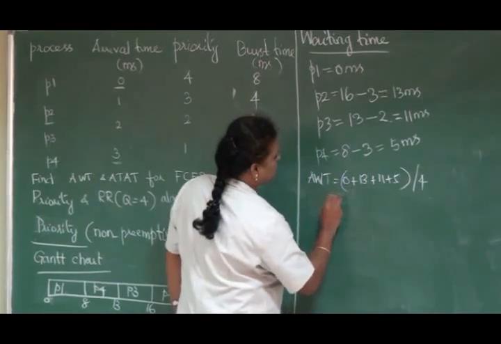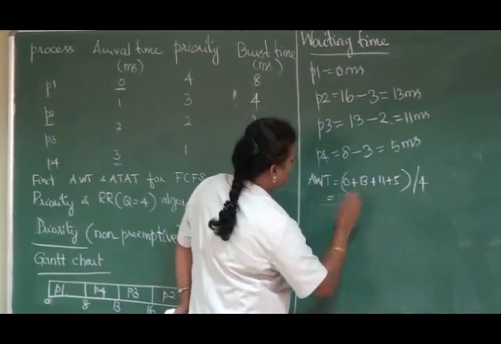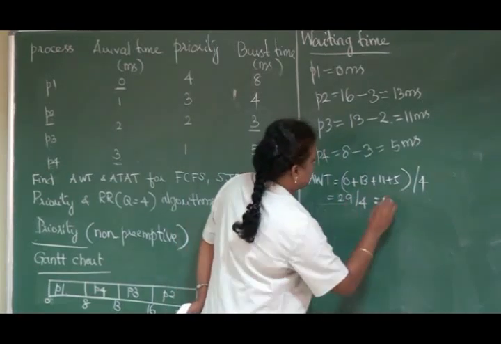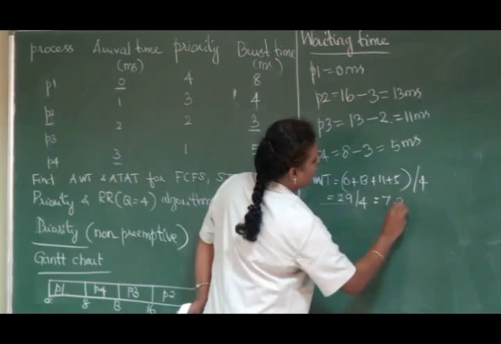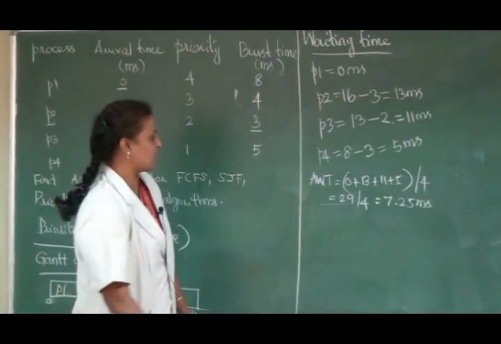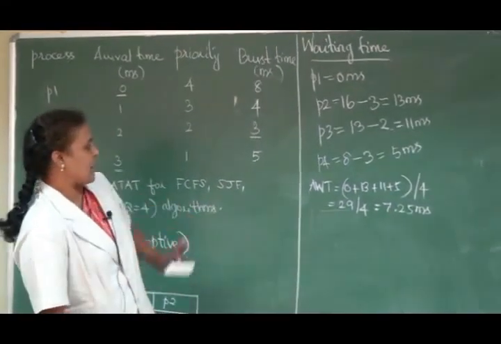So this is equal to 20, 24, 29 divided by 4. So that is 7.25 milliseconds. So this is the average waiting time for priority, non-preemptive.